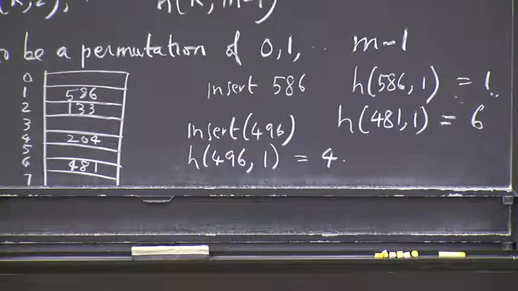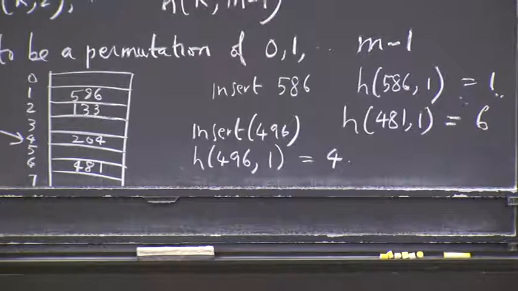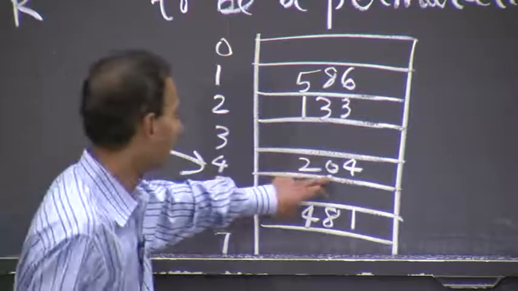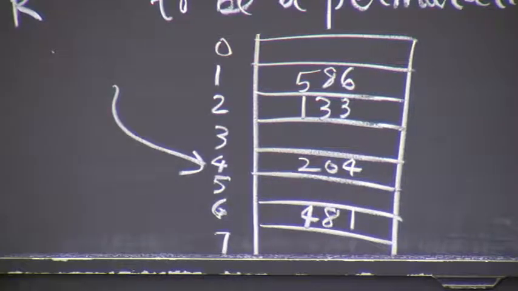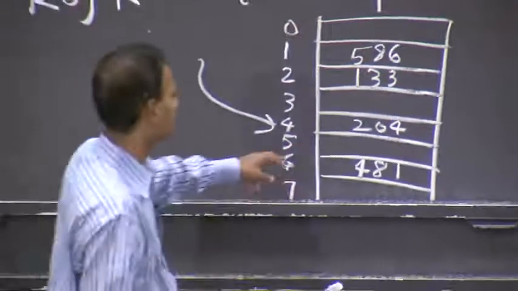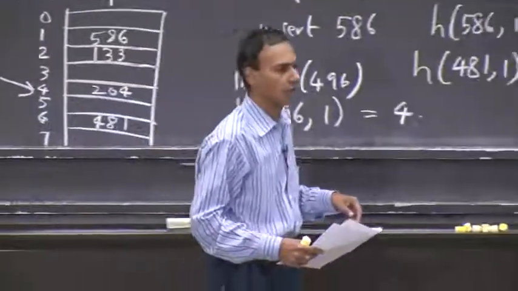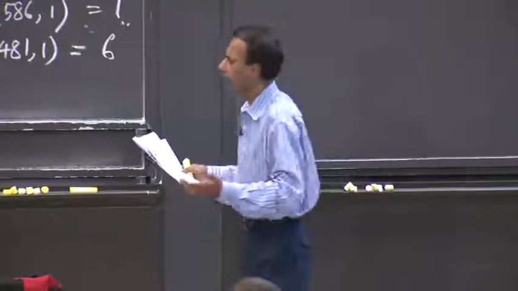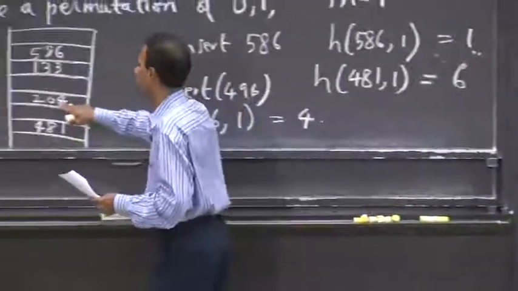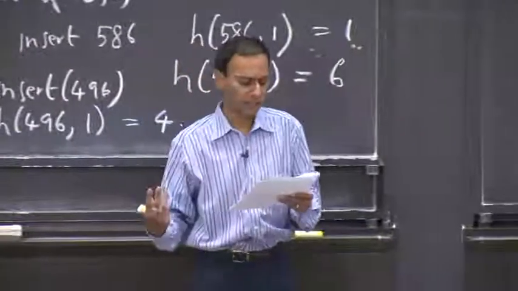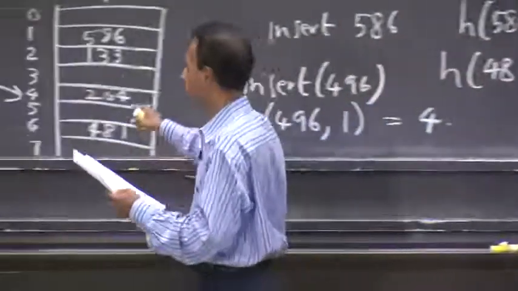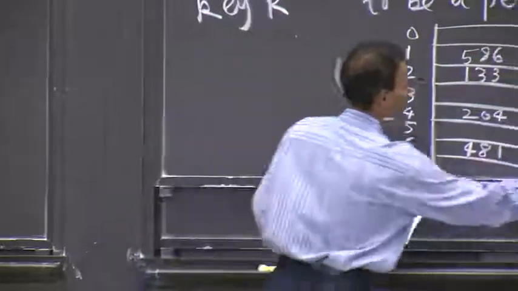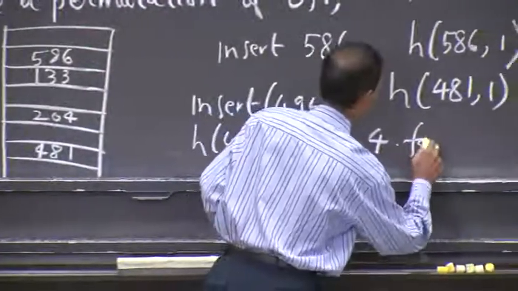So the first thing that happens is I go in here and I say, oops, this slot is occupied, because I'm going to have a special flag associated with an empty slot, and we can say it's none. And if it's not none, then it's occupied, and 204 is not equal to none. So I look at this and I say the first probe actually failed. Okay? And so h496.1 equals 4 fails.